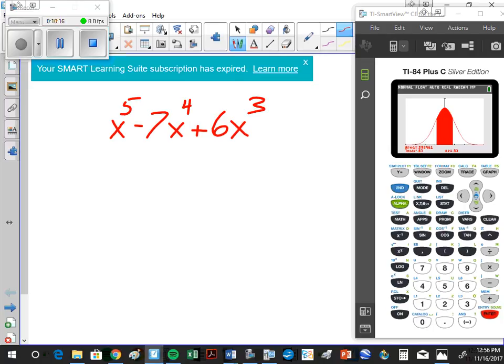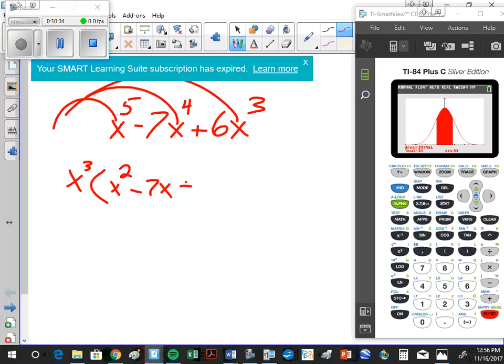No number, but they all have 3 x's. I'm going to pull out x to the third. If I take an x to the third out of that, what's left? X squared. And I take an x to the third out of that one, 7x. And I take an x to the third out of that one, plus 6.